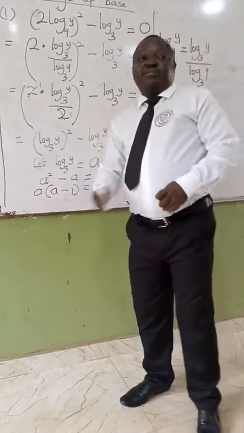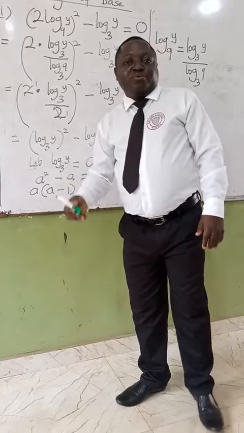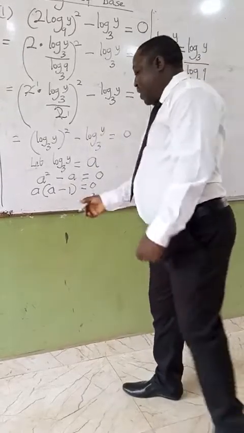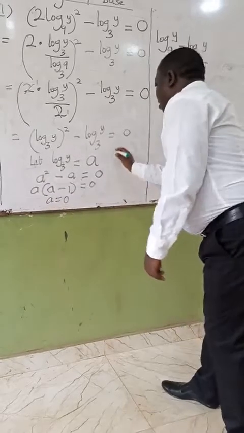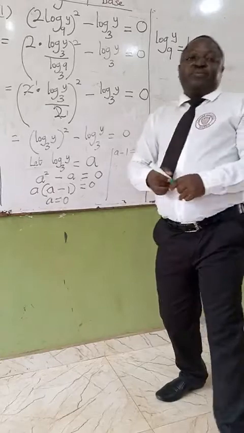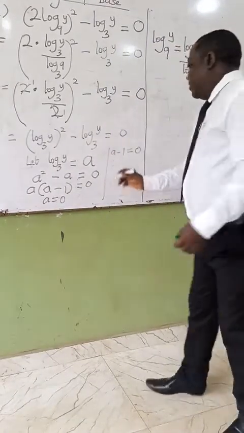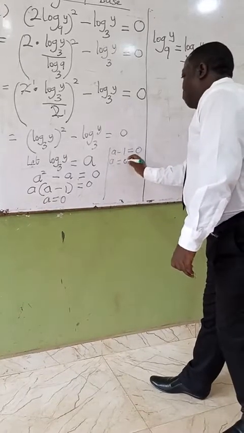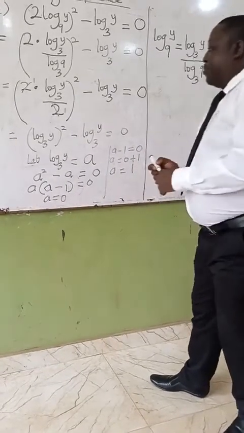Now this means A is equal to 0 or A minus 1 is equal to 0. So if A minus 1 is equal to 0, then A is equal to 0 plus 1. A is equal to 1.